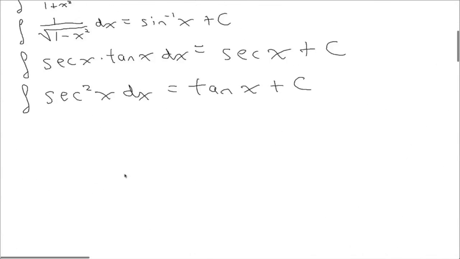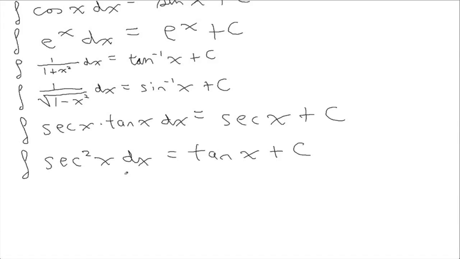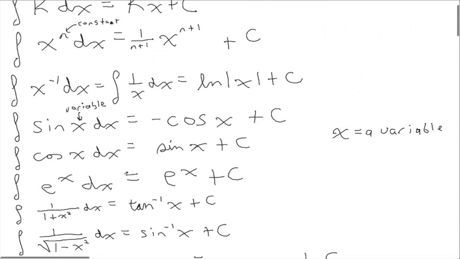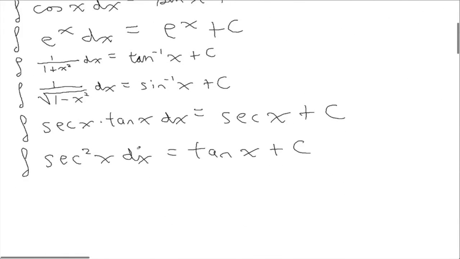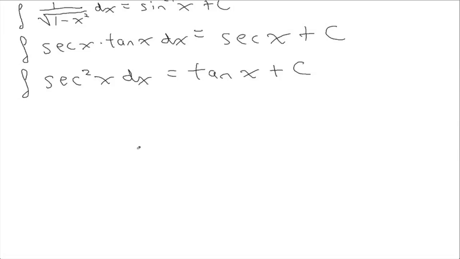Now, let me point something out here. This might seem like a big list, but there are many things that aren't in this list. For example, do we have a special formula for this?